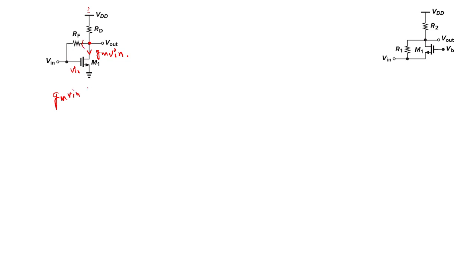In this direction, what is the current? Plus Vout minus Vin by RF, plus, in this direction, what is the current? Vout by RD.